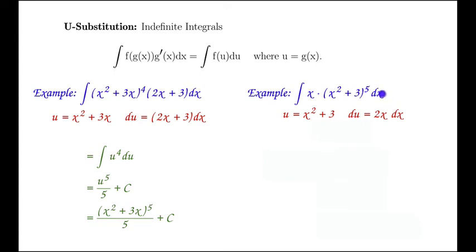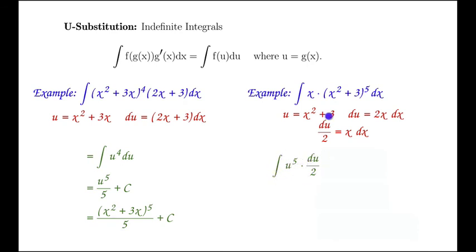So that suggests that in for x times dx, we substitute, and if we want to do that, we would solve this for x dx. So that is, we would divide both sides of this expression by 2 and say du over 2 is equal to x dx. And so then, in for x squared plus 3, we can put u. In for that x dx, we can put du over 2. And we can end up with this integral.